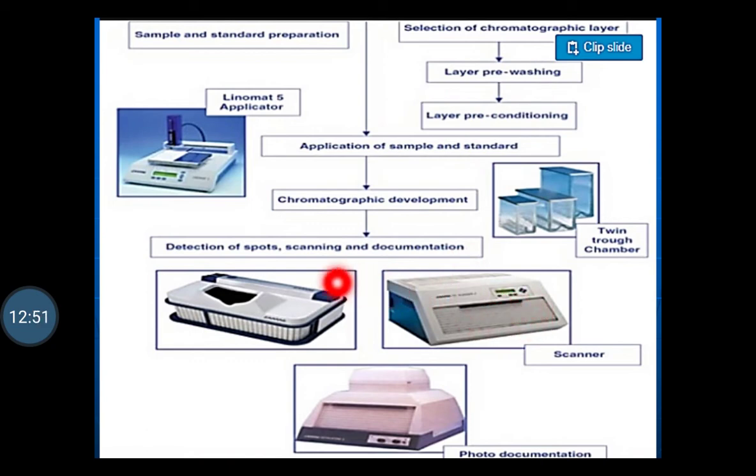So, these are the different types of scanners which are used for detection of the spots, for scanning and documentation. This camera type of photo documentation can be done in case of high performance thin layer chromatography.